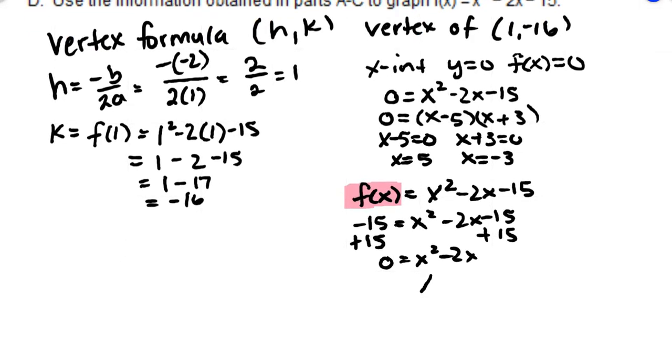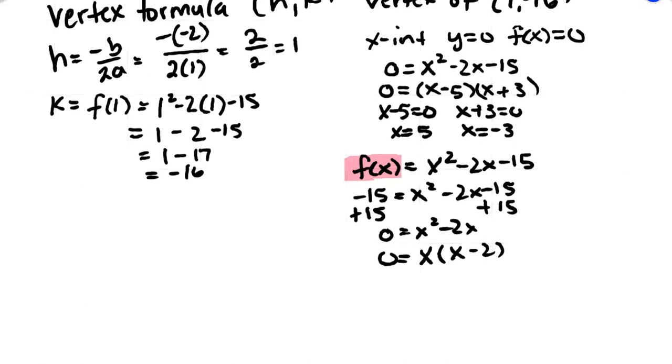I can factor the greatest common factor out to get x times (x minus 2) equals 0, and once again use the zero product property to set each factor equal to 0. That gives solutions of x equals 0 and x equals 2.